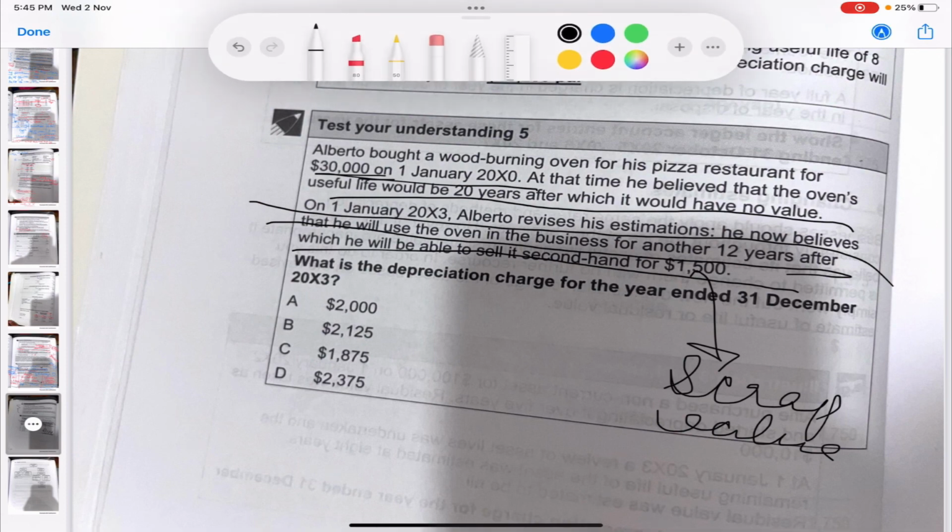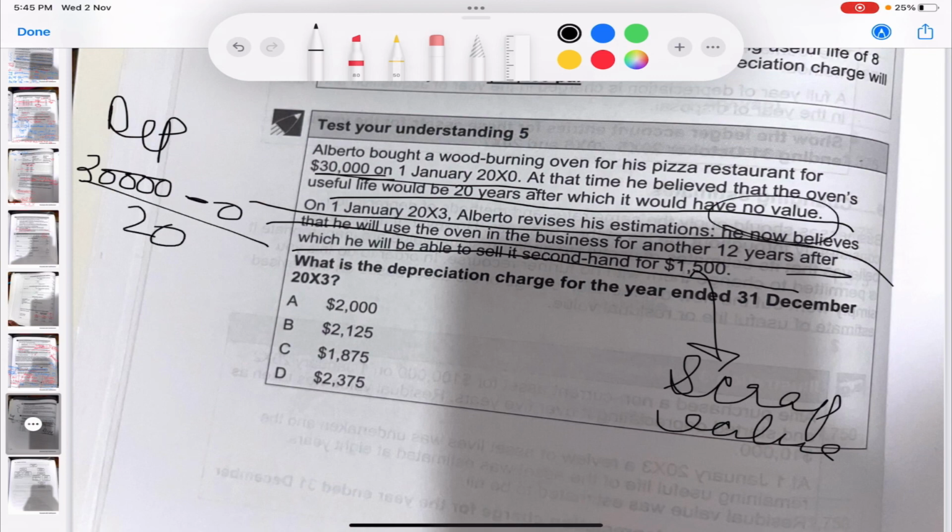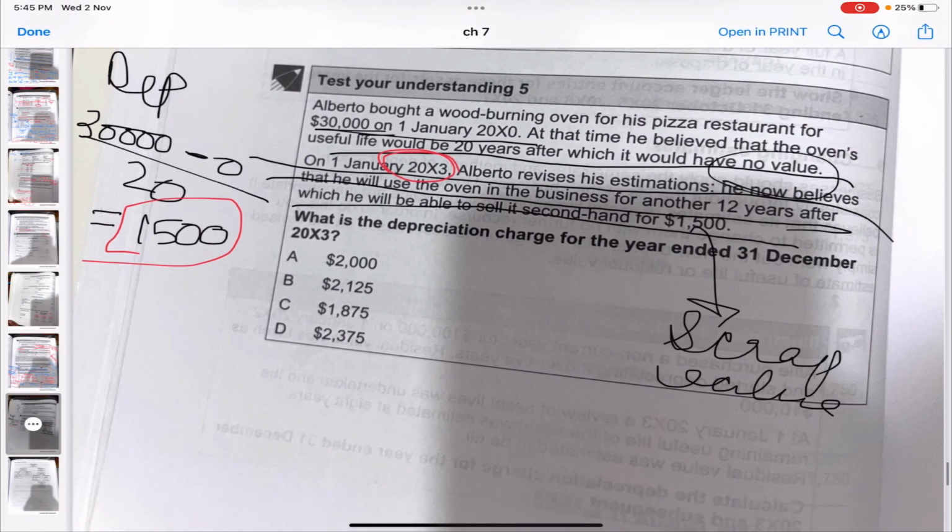Initially, what was the depreciation per year? Cost minus scrap value, which is 0, since initially we had no value, upon useful life, which is 20, right? That is 1500. So 1500 was the depreciation to be charged every year. Then on 1st January 2003 it has been revised. We'll come to that also.